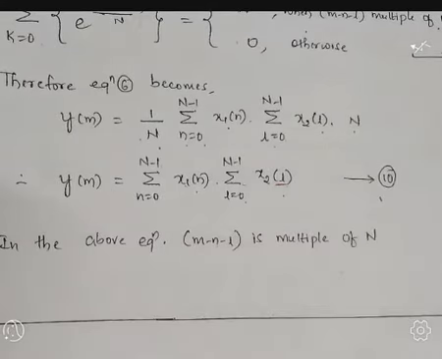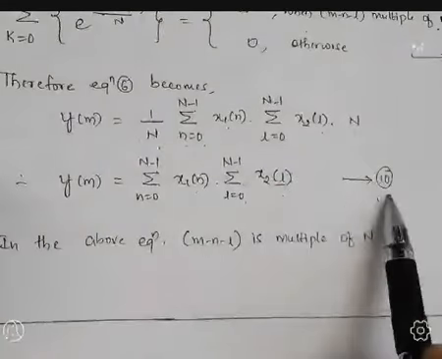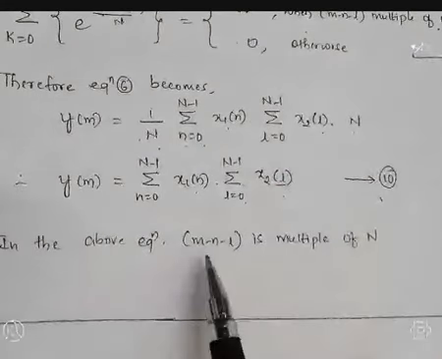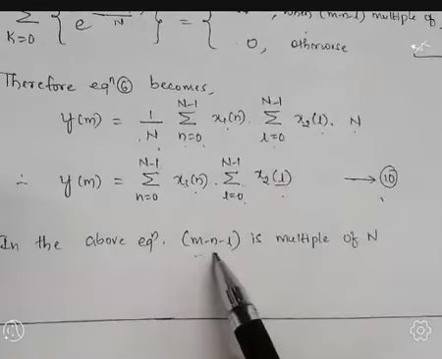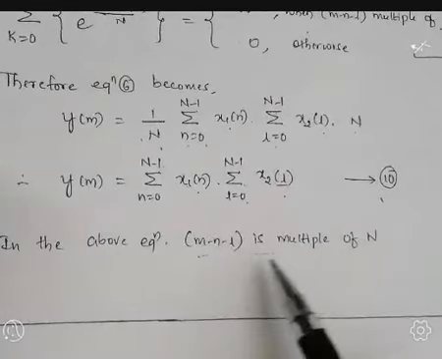Now, the simplified equation number 10 we got when m minus n minus l is a multiple of N. This point you have to remember, it is very important.